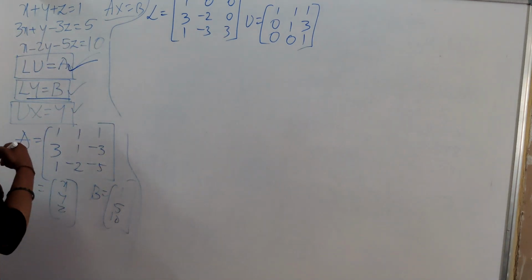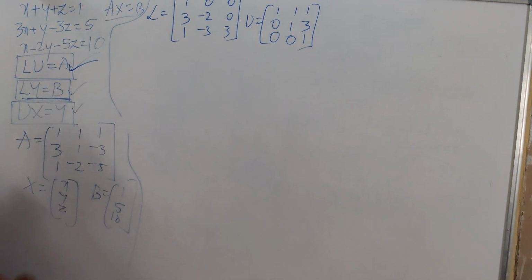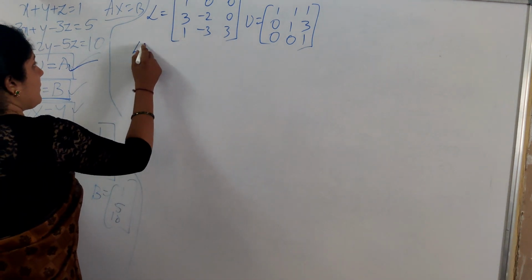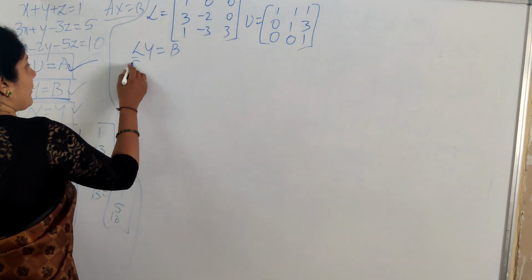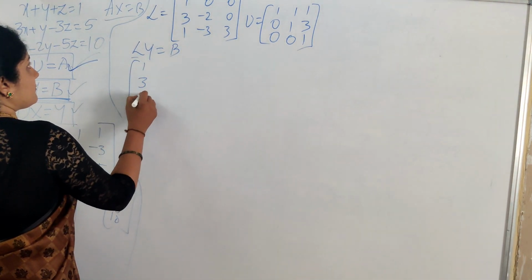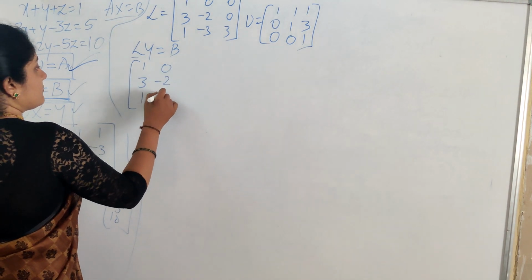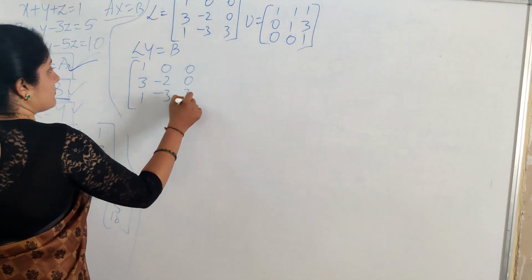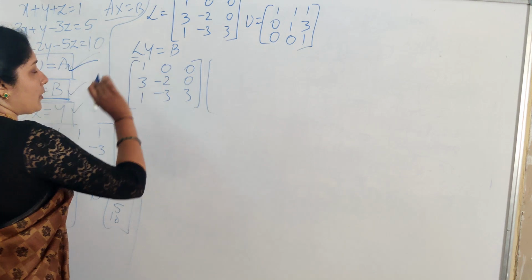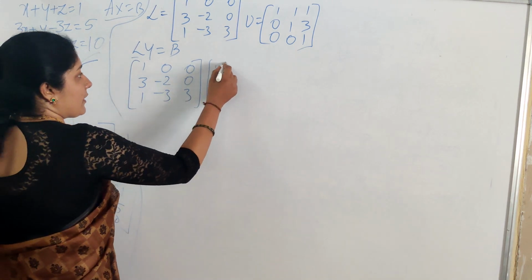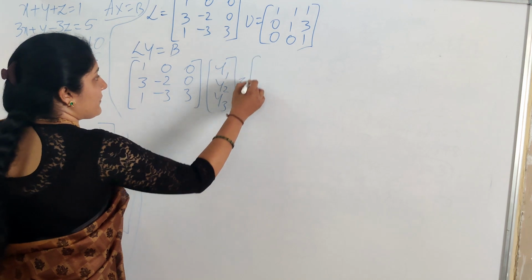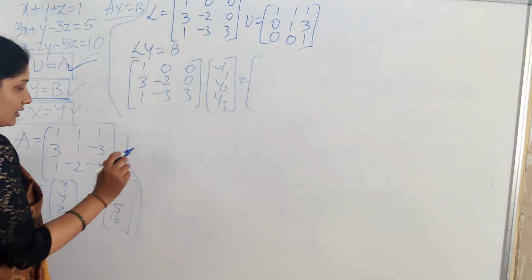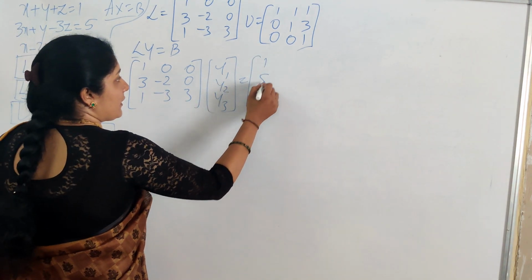Now the next one is Ly equal to B. So Ly equal to B. What is L? We have it, into Y, which is nothing but the column matrix Y1, Y2, Y3, and B is nothing but 1, 5, 10.